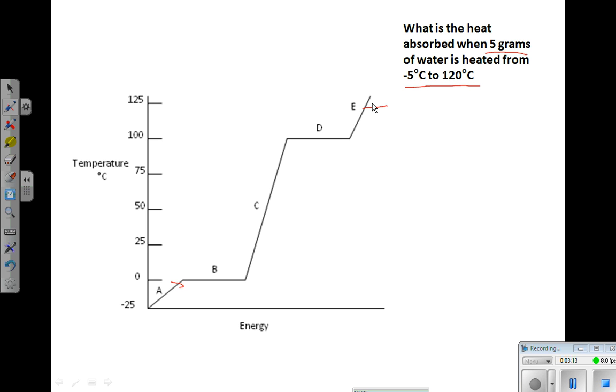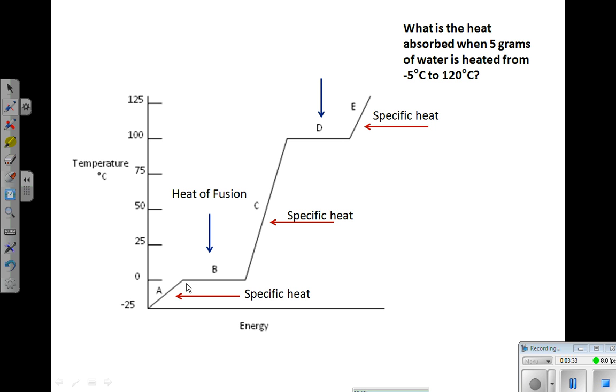So what values do we use at what points? Well, temperature is changing here, here, and here. So we're going to use specific heat when we are calculating for the heat in those regions. At these plateaus, phase changes are occurring. So at B, that's our freezing point, we're going to use the heat of fusion, and at D, we are going to use the heat of vaporization.